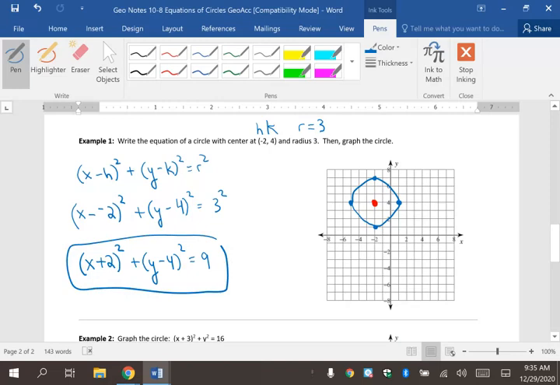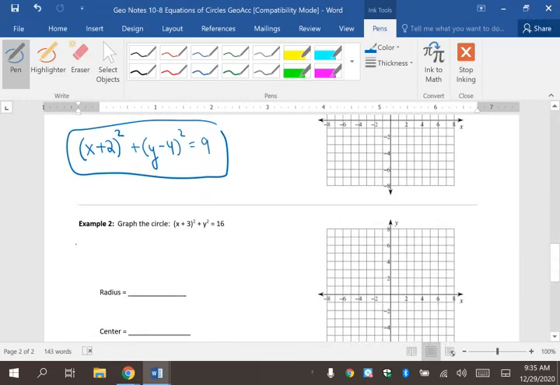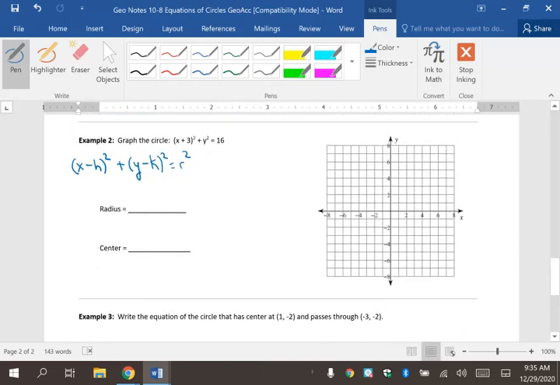Let's go ahead and now do example 2. Graph the circle. The first thing you are going to do is write out the general equation of a circle, x minus h squared plus y minus k squared equals r squared. So the radius is the opposite of what's being done. The radius, r squared equals 16.